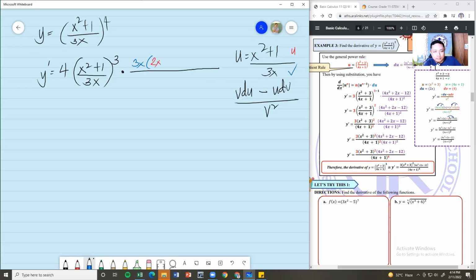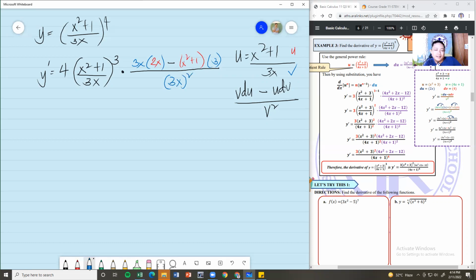See, it's simple. Okay? Minus. Copy u, just copy. So that becomes x squared plus 1. Okay? And then dv. The derivative of 3x is just 3, times 3. Di ba? Easy. Over v squared, which is 3x squared.